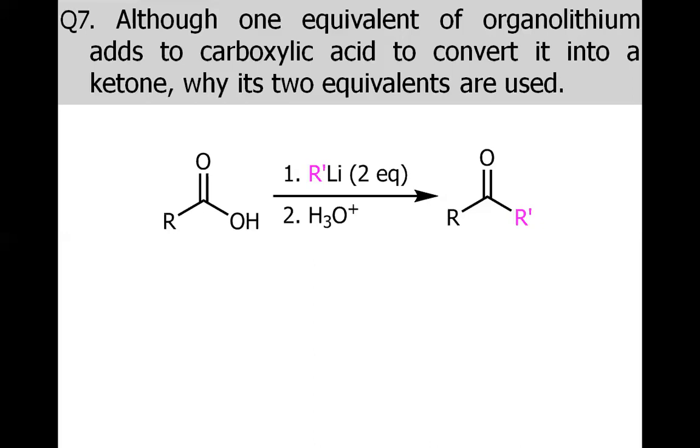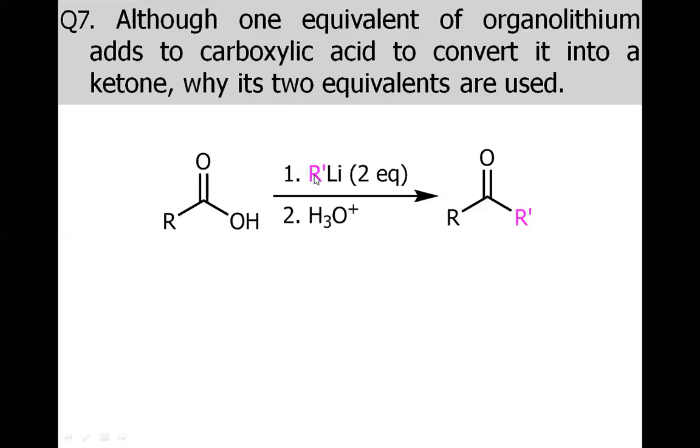A base is something that seeks the proton and to be protonated, and hence the first step will not be the attack of this R prime on this carbonyl carbon. Rather, it will simply pull this acidic proton to give this RH, that is the alkane formation, and the carboxylate salt.